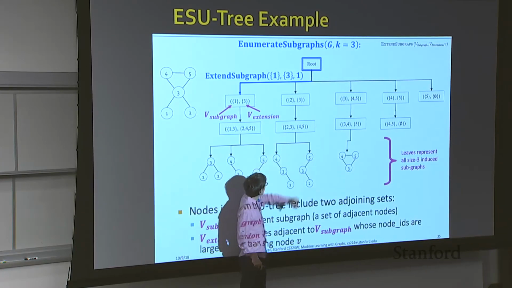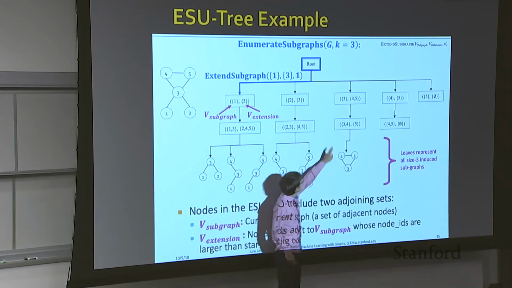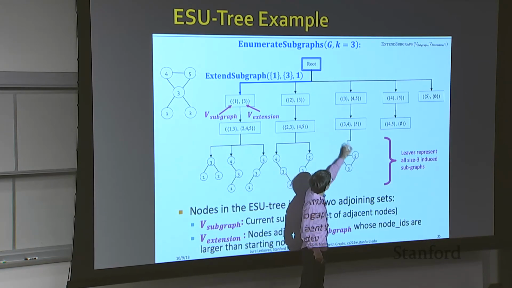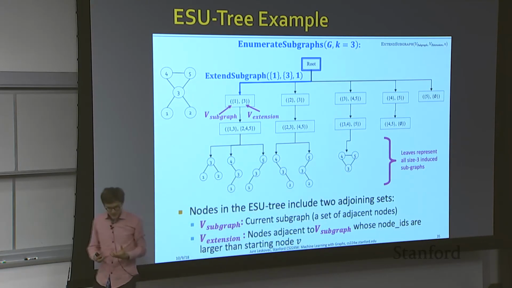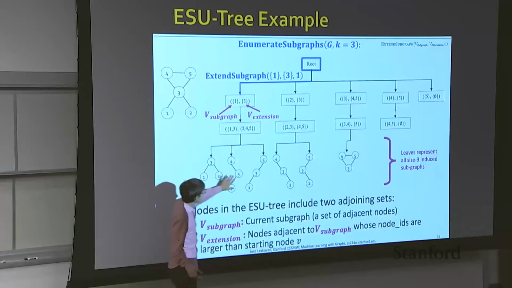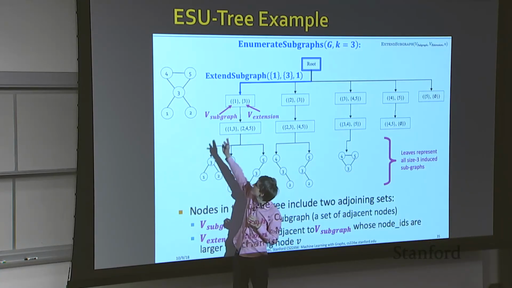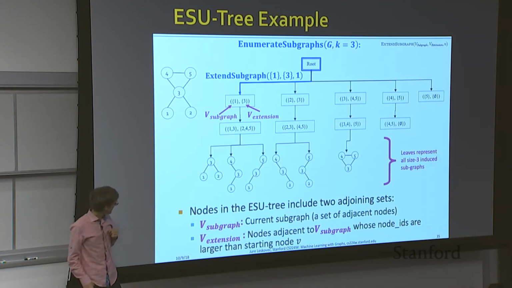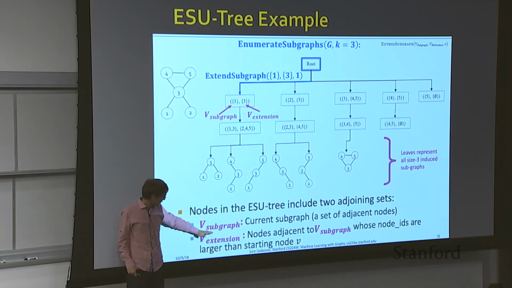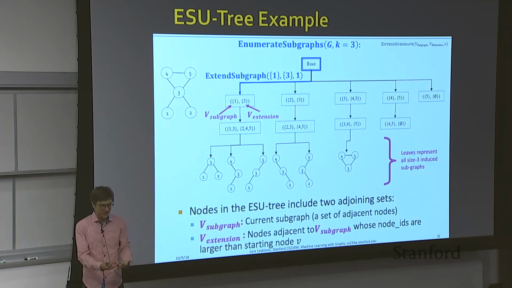Then from this guy, I generate the other 2, right? And then from this one, I generate the last one, which is 3, 4, and 5, right? So this is how I generated all the instances of size 3 subgraphs that appear in my target graph, right? And the important thing is that essentially what I have is this V subgraph that is the subgraph I have built so far.